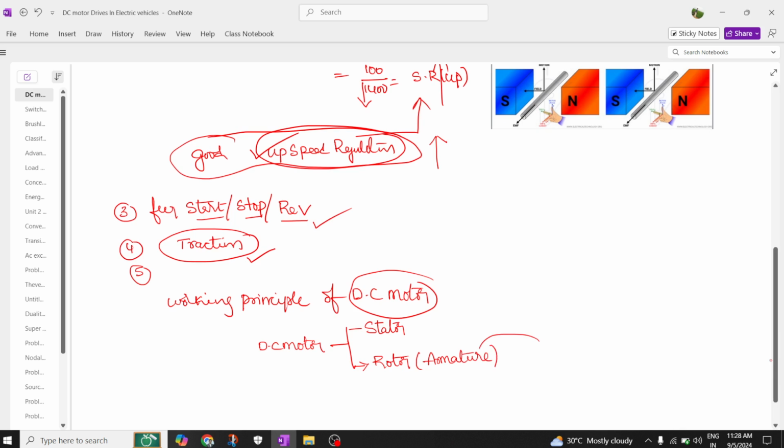Armature is nothing but a set of conductors.